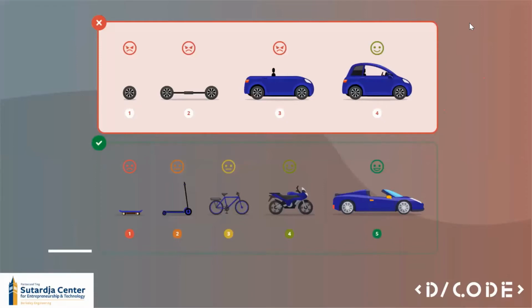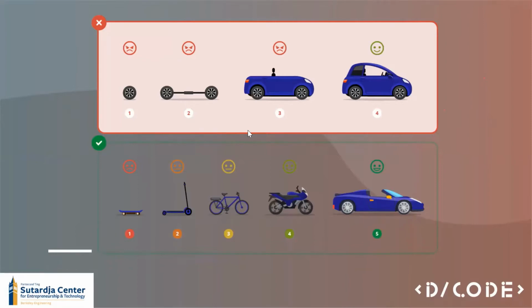So we will start off with maybe a skateboard, and then a scooter, and then maybe a bicycle, a motorcycle, and a car. If you see the above picture, it's just a tire. Two tires really don't mean anything, and it doesn't provide the customer with the purpose that a car should.